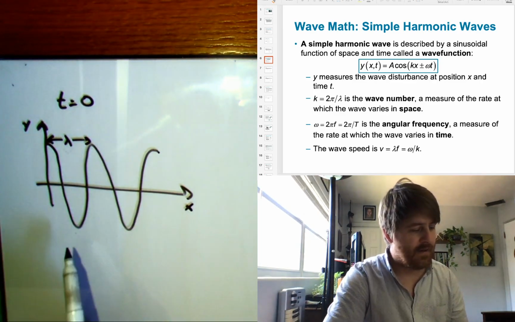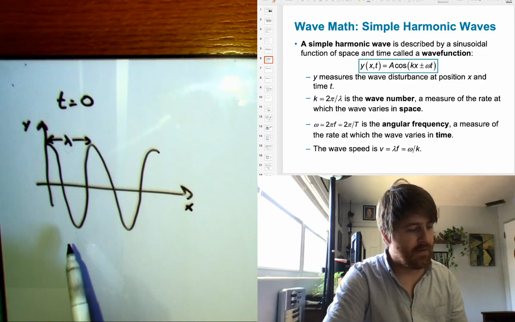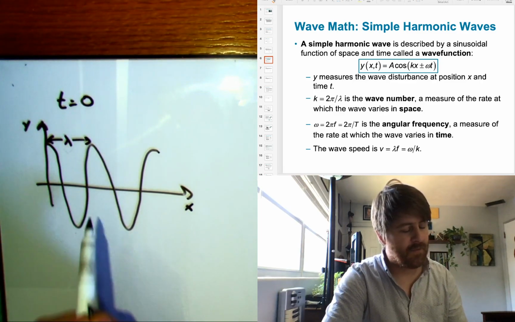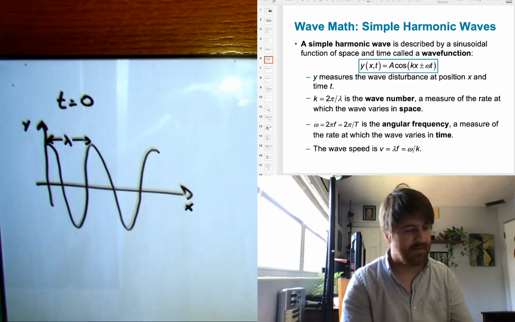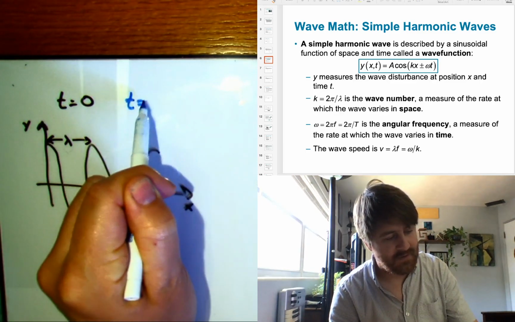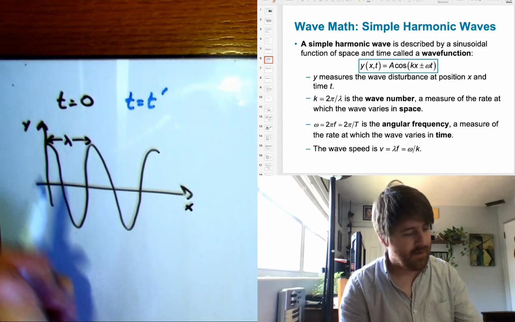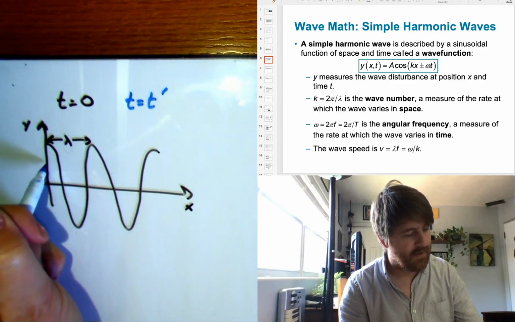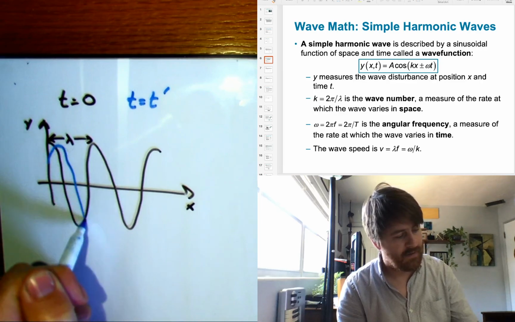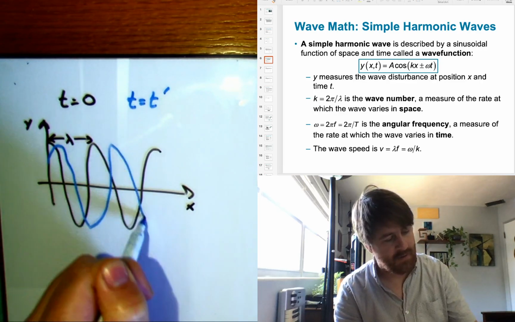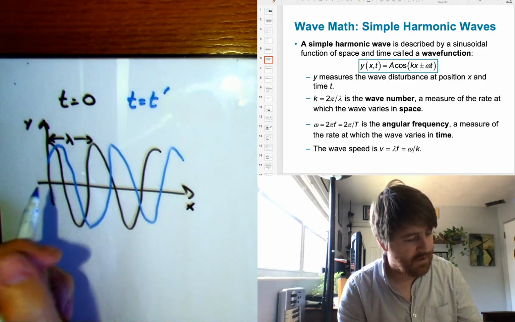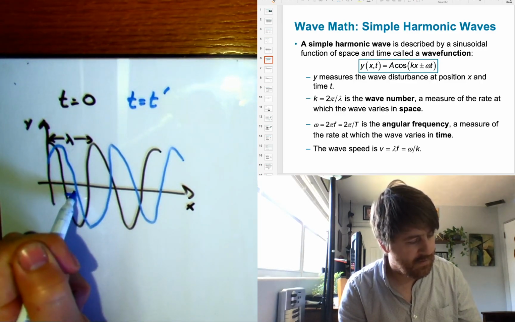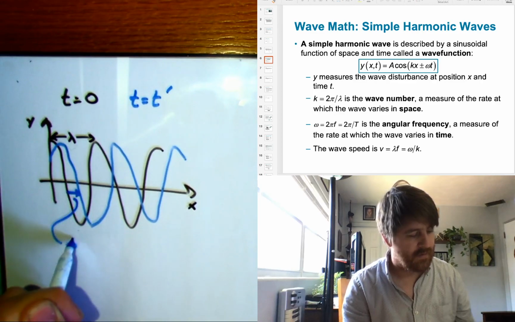And that means if we want at some time later to see what this wave looks like, let's say t equals t prime, and we have something that looks like, forgive my horrible drawings, this, and there's some shift here, right?